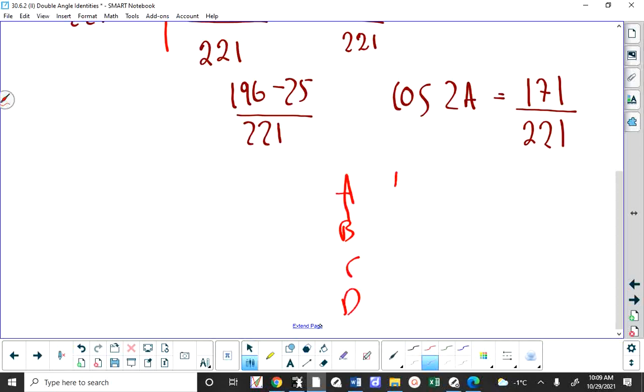One of the choices is 171 over 221. One is negative 171 over 221. One is whatever. And I can almost watch them doing this and know exactly what they're thinking. They go, oh, no, it's got to be B. And they circle B. Because they're saying it's in quadrant 3.